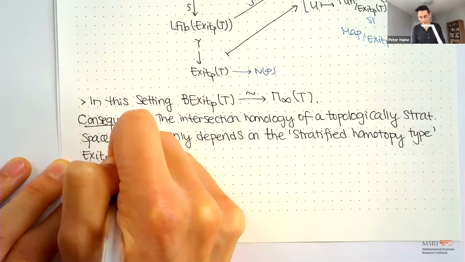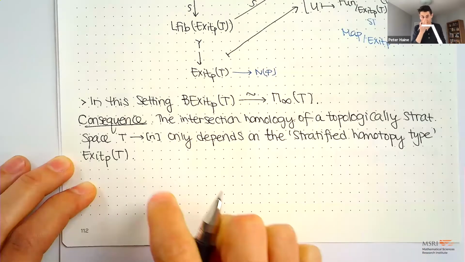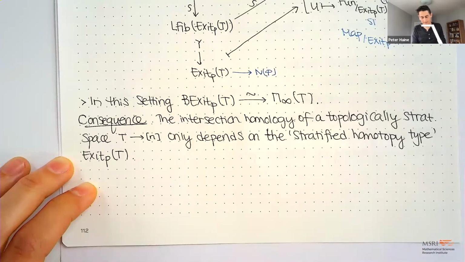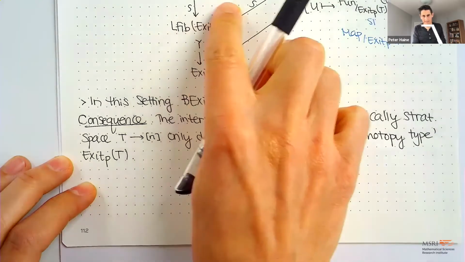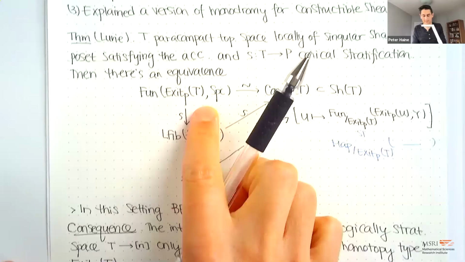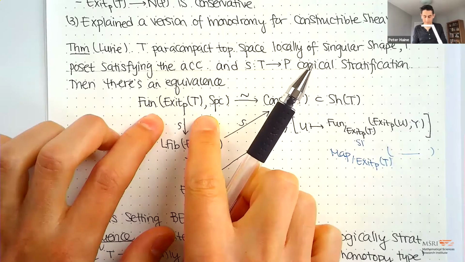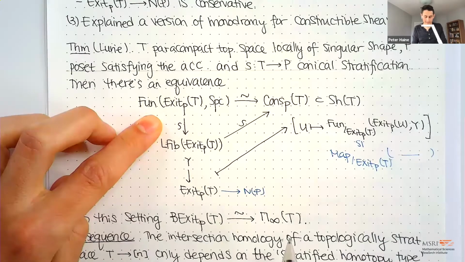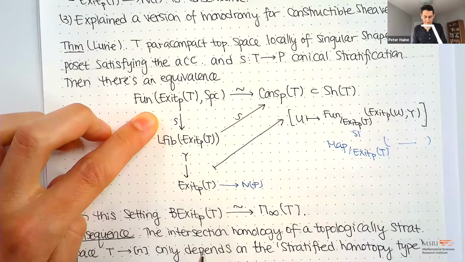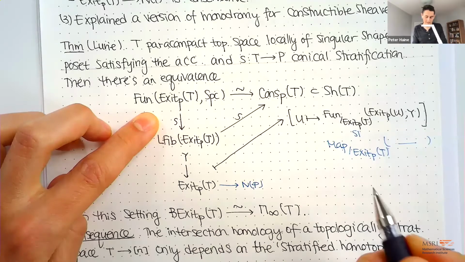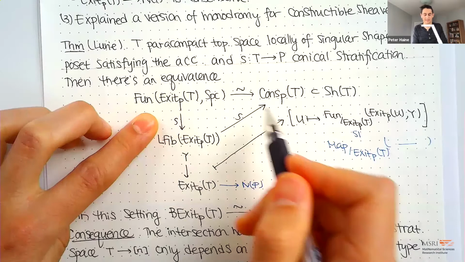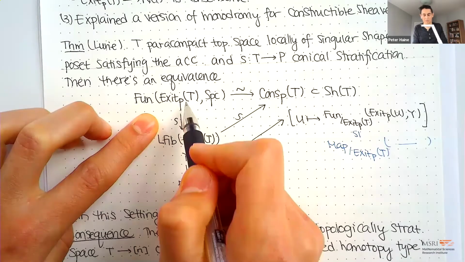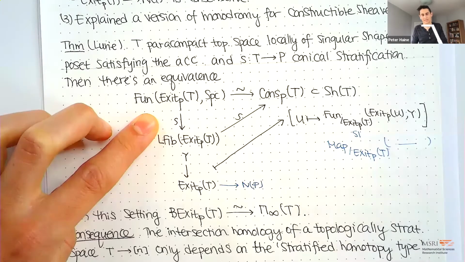And let me just make a very small comment on this. So yeah, how can you see this? Well, the point is that there's a definition of this intersection homology as some homology coming from a constructible sheaf, and that constructible sheaf you can define only knowing what this exit path category is.